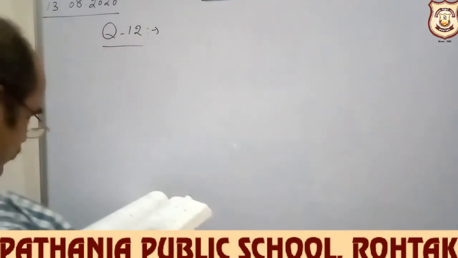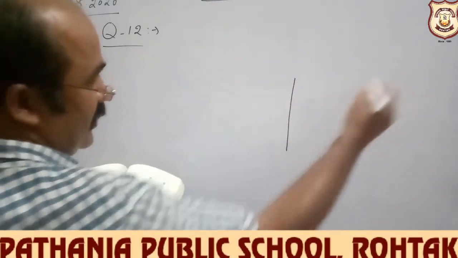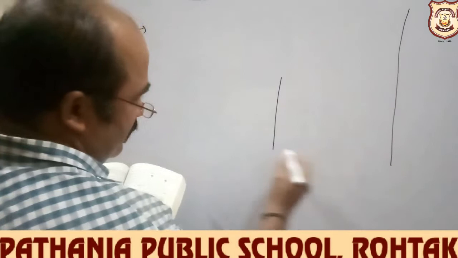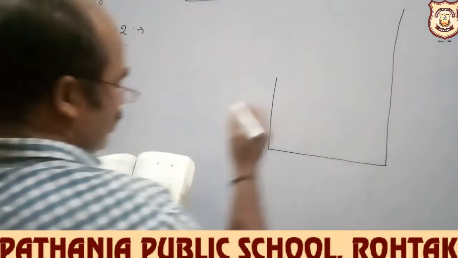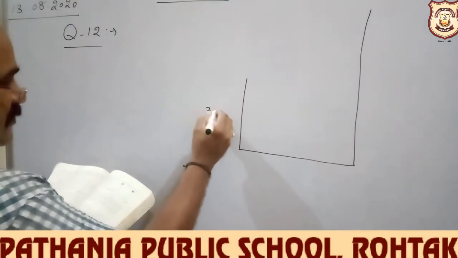See students, here it is given, this one is the building and this one is the tower. The building height is given as 7 meters.